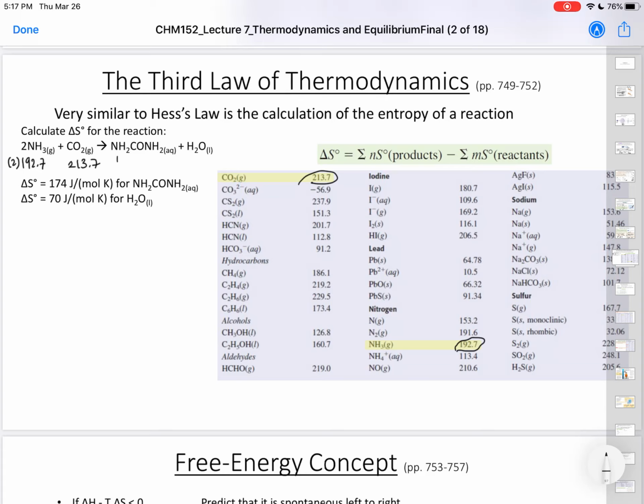That would be pointless. For the NH2CONH2, it's not on this abbreviated table, so I looked it up for you. It is 174. And for water liquid, it is 70 joules per kmol. So again, these are the reactants and these are the products.